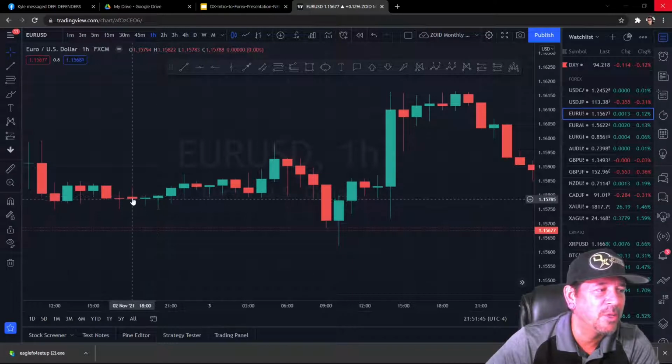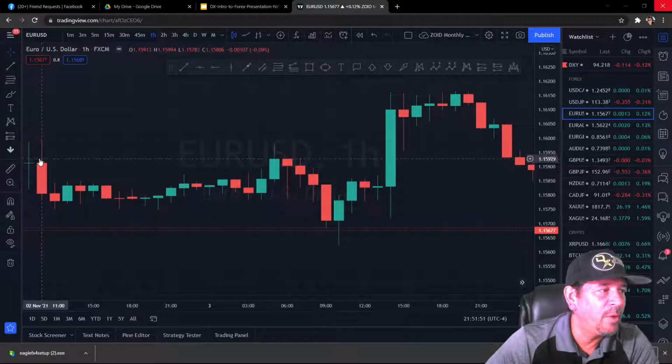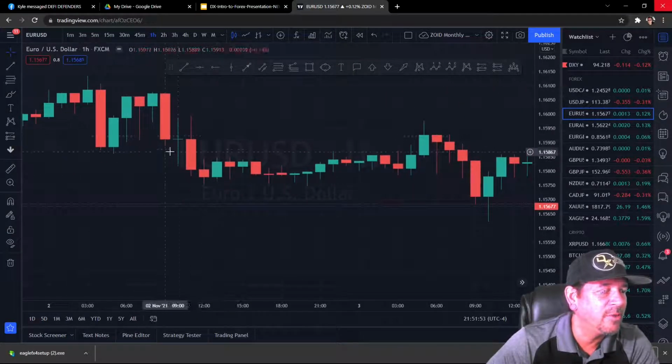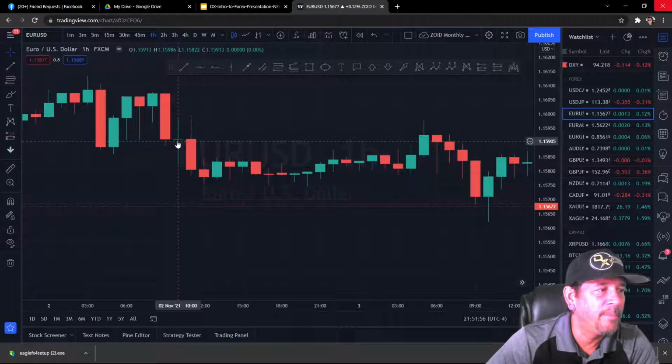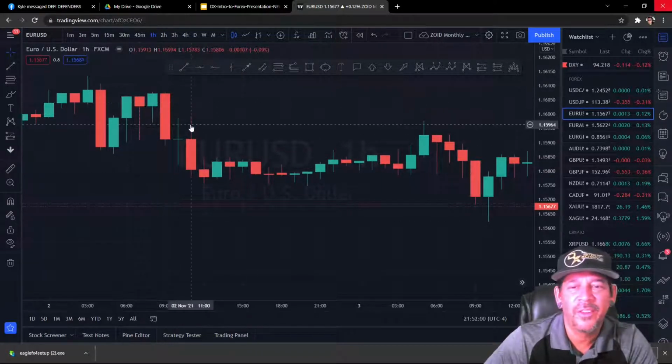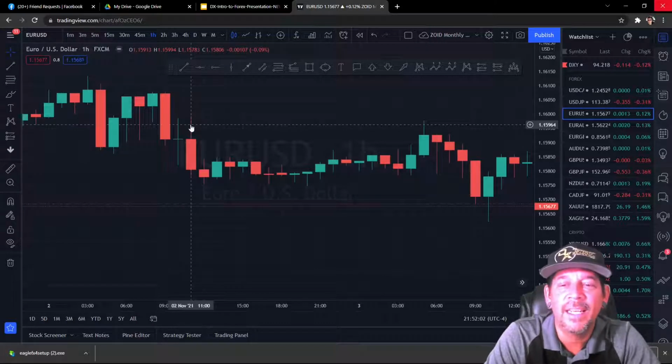Some are smaller, some are bigger, some don't have wicks on them like this one. Some have really long wicks with big bodies. Some, like this green one right here, have no body and really long wicks. So there are a lot of different unique candlesticks that are painted.